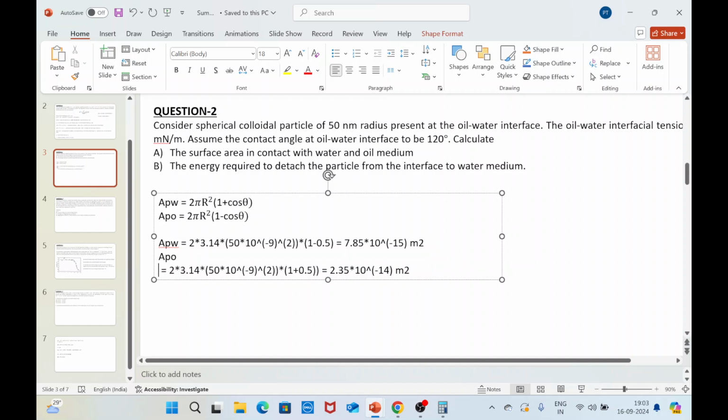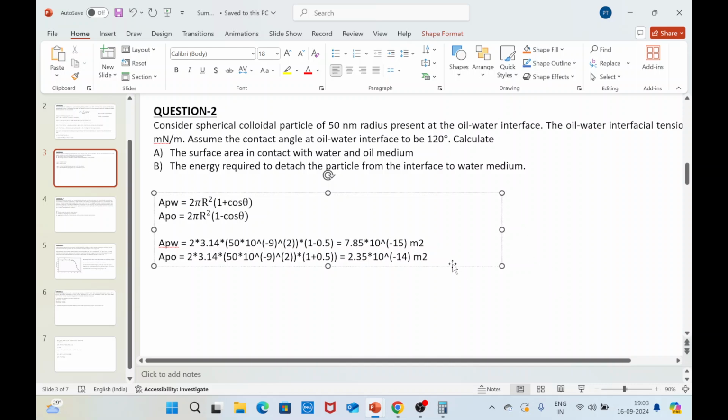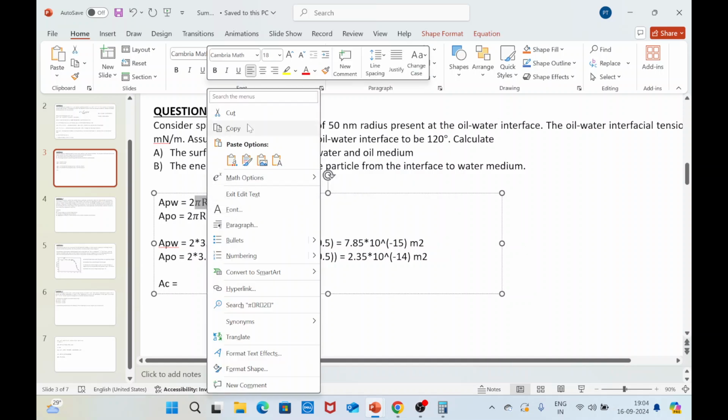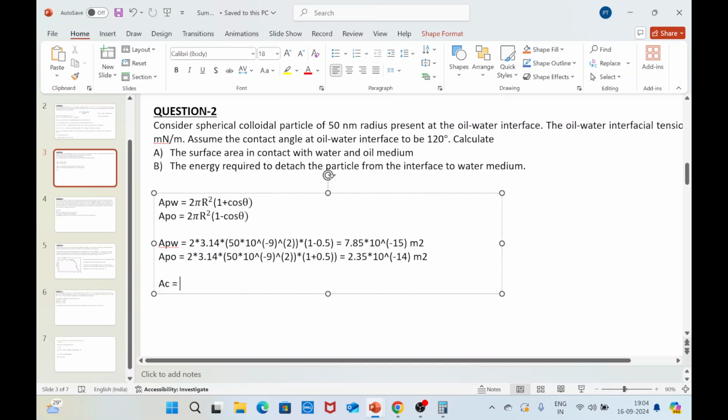That is AC. We will not calculate that, but I'll just give the expression here: it is pi r square, pi times r sine.